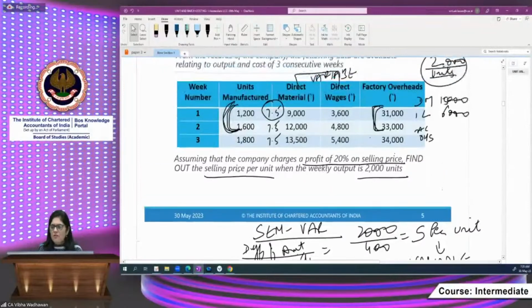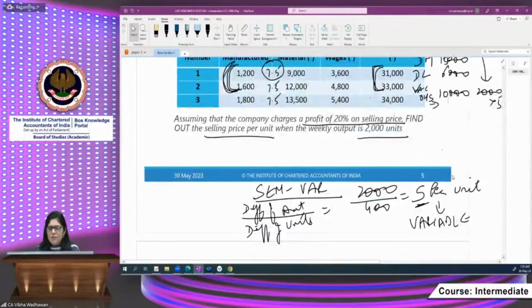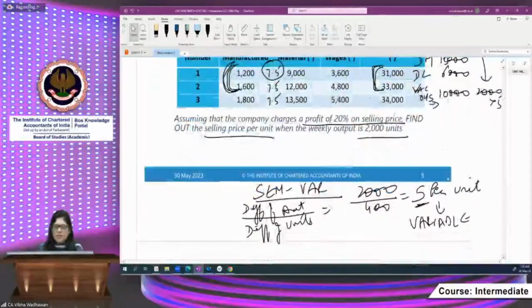So now if the variable cost per unit is 5, and what we have to calculate is for the first case, let us calculate for this first.